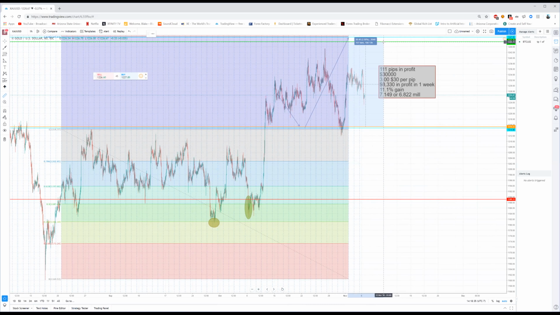You already have to take off 1 because it's gold, and then you take off another 1. Then you get the percentage gain if you're using proper risk management. So this is a 30.4% gain on account if you're using it to just TP1.